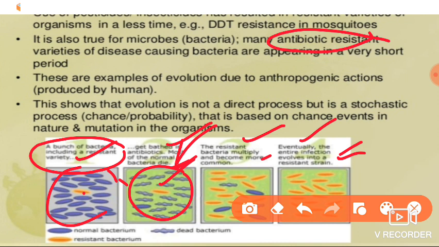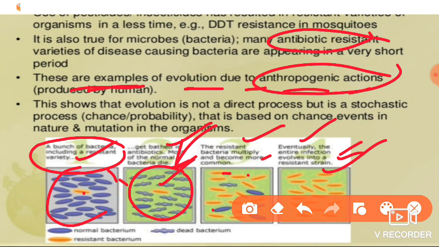The single one becomes double through reproduction, so it increases in number, and eventually the complete colony becomes antibiotic resistant bacteria. That is how they explained resistance towards chemicals, and these are all examples of evolution due to anthropogenic action.